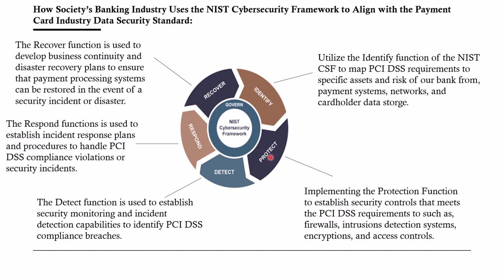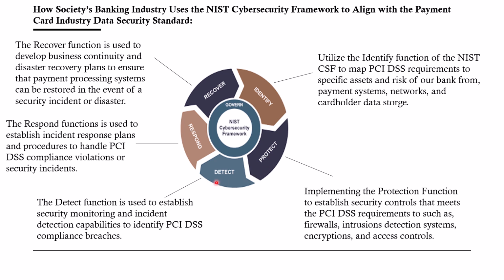We've got the protect function here. We're going to implement the protect function to establish security controls that meet the PCI DSS requirements, such as we had listed on the slide before: firewalls, intrusion detection systems, encryption, and access controls. Moving on to the detect function.